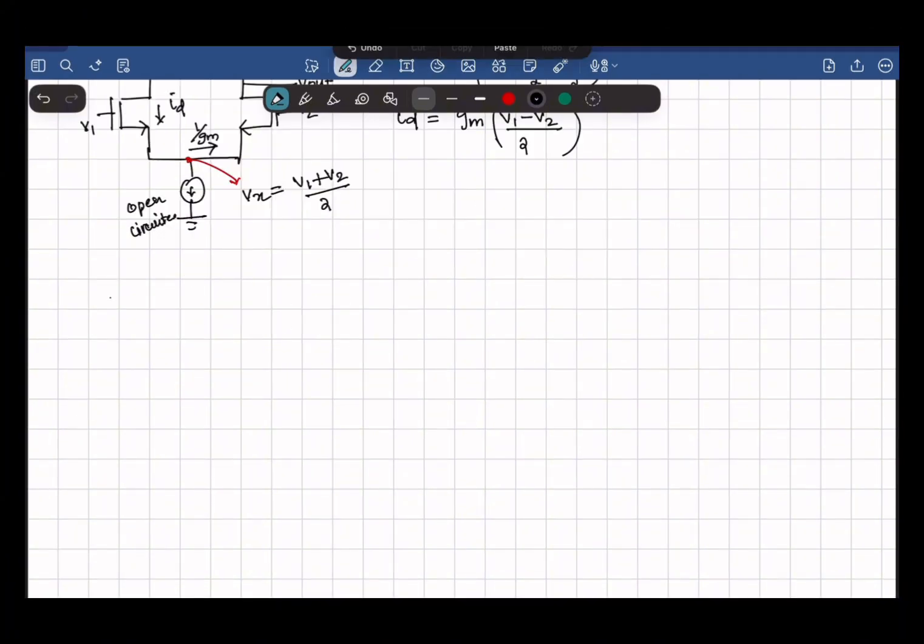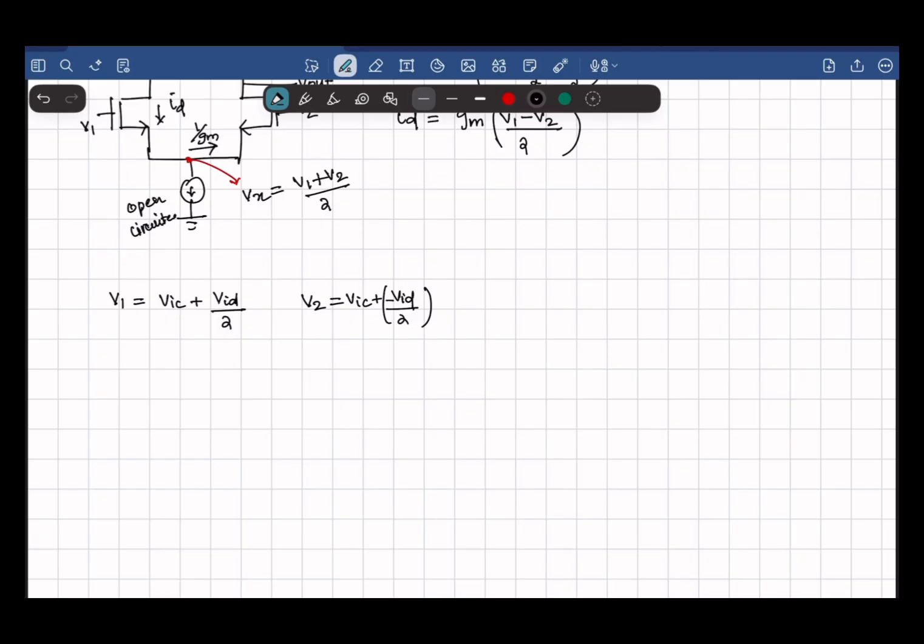The input voltage to a differential amplifier has two components, and it can be given as something like VIC plus VID by 2, and VIC minus VID by 2. So VIC is the common mode voltage and VID is the differential voltage.